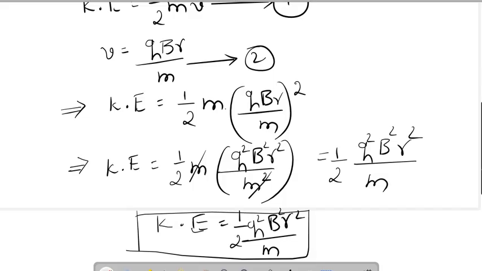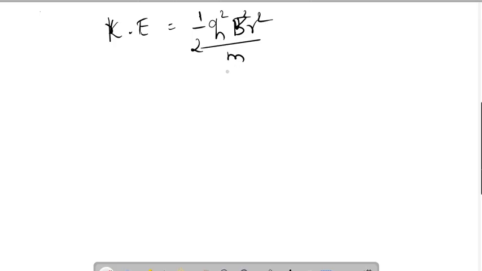Now, this is the kinetic energy. We know that kinetic energy is equal to half into q square B square r square divided by m. But we know that r is equal to mv divided by qB.